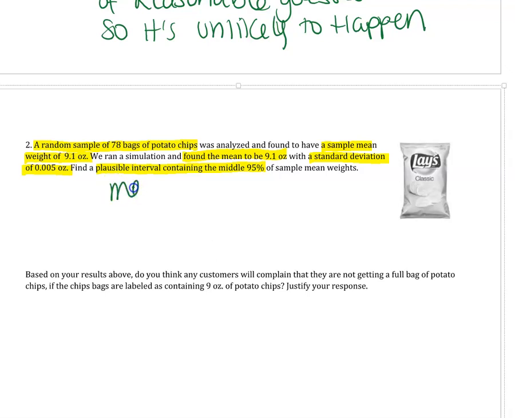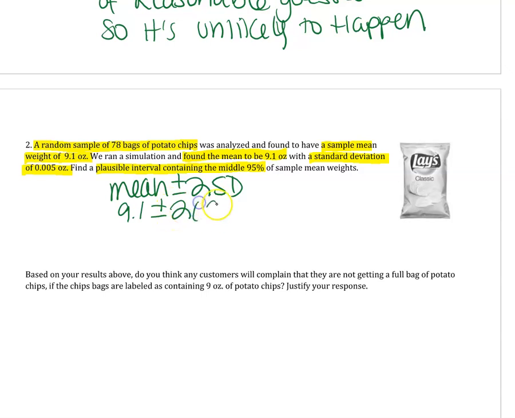All right, so it's mean plus or minus 2 times the standard deviation. I know the mean from my simulator was 9.1, so it happened to match my p-hat, or excuse me, my x-bar. My standard deviation from the simulator is 0.005. Okay, so we would just add or subtract that in our calculator.